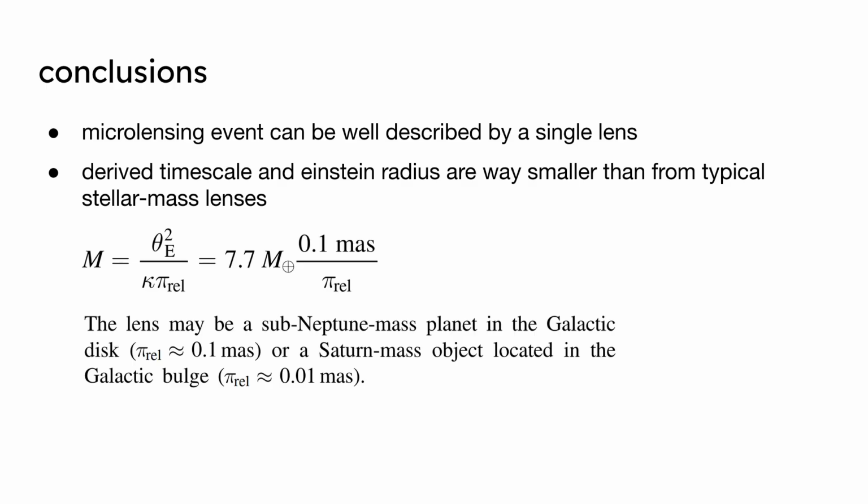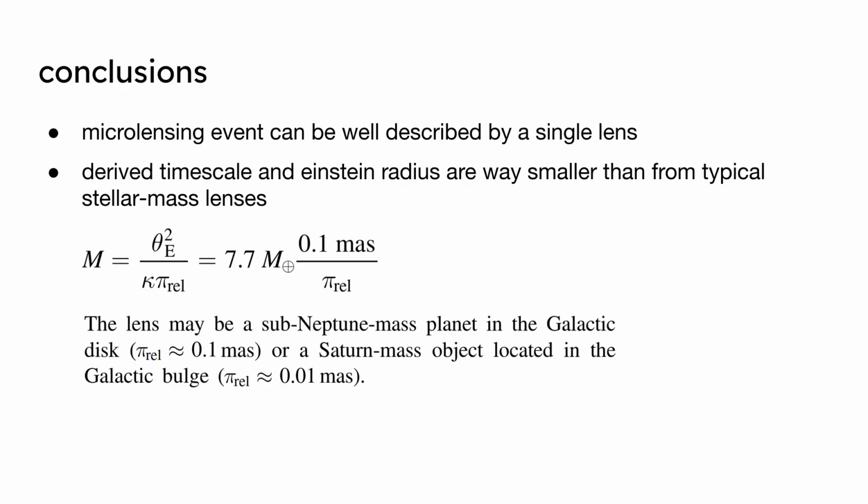And the time scale and Einstein radius that they find are way smaller than they would typically get for stellar mass lenses. And they have this formula here that allows you to get the mass depending on the relative distance between the source and the lens.